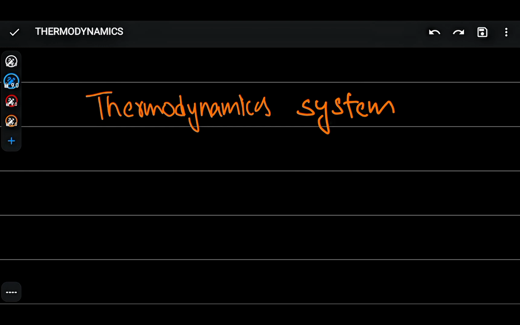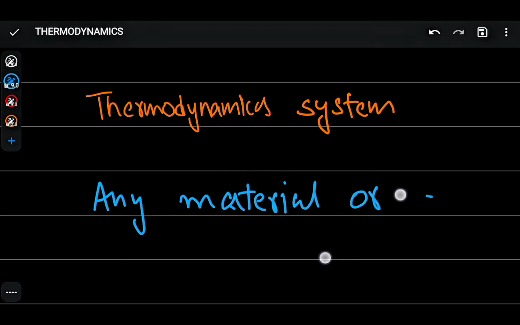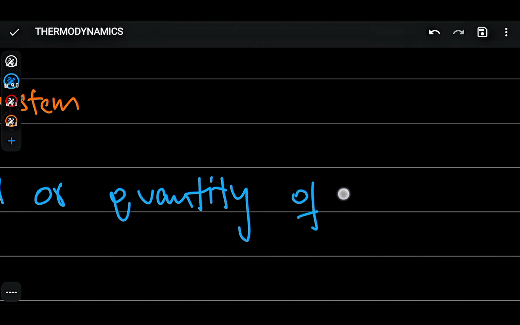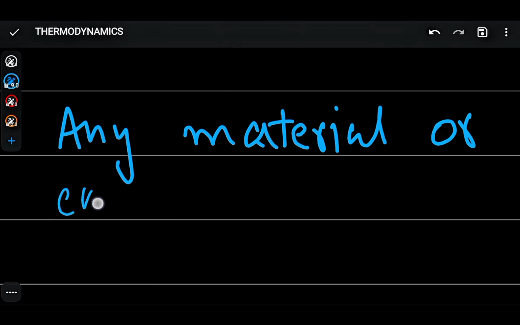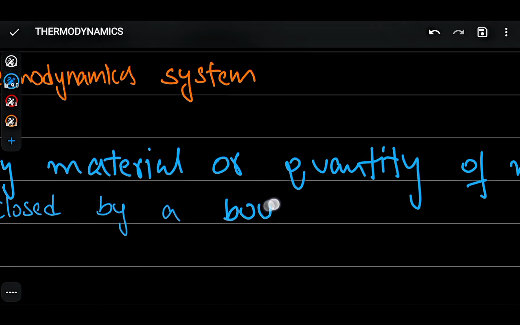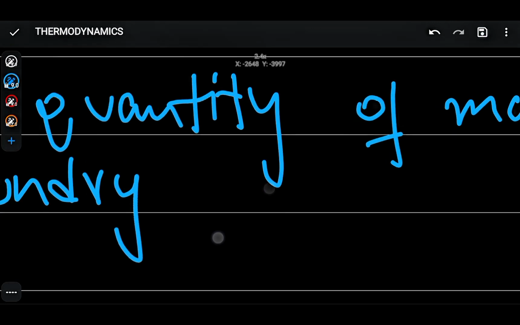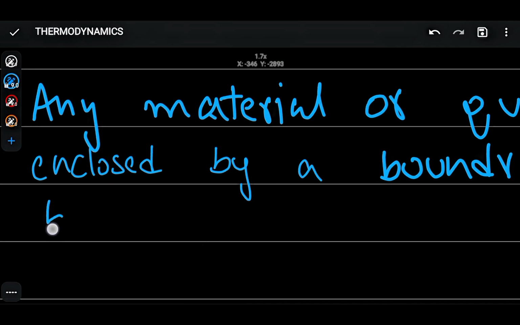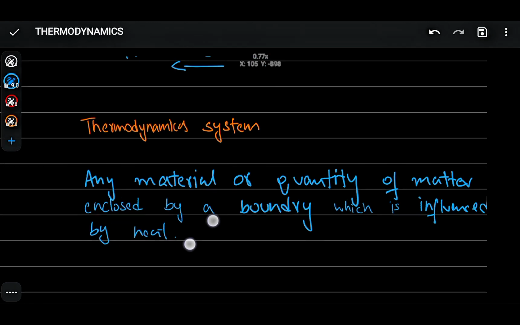Any material or quantity of matter enclosed by a boundary which is influenced by heat is basically called a thermodynamic system.